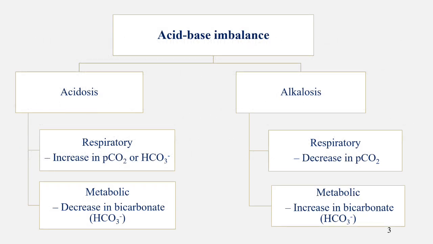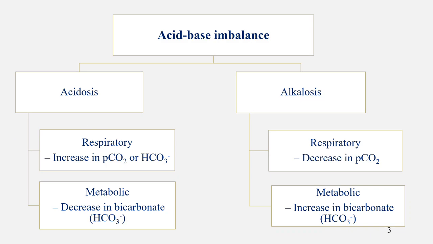Next, coming to the acid base imbalance types, acidosis and alkalosis. Under acidosis, there are respiratory acidosis and metabolic acidosis. In respiratory acidosis, there is an increase in partial carbon dioxide or bicarbonate. Metabolic acidosis means decrease in bicarbonate.